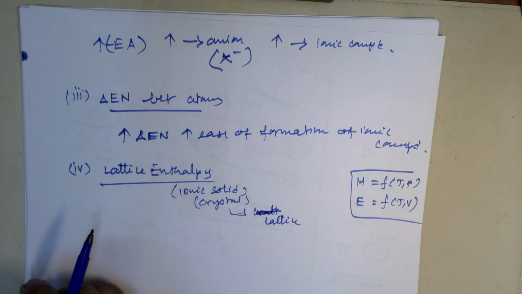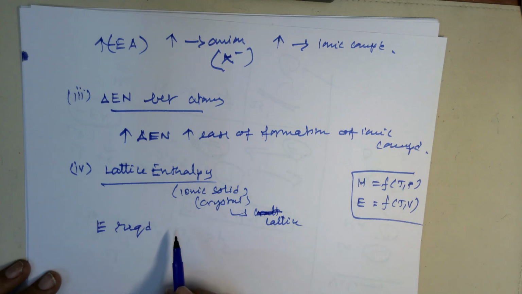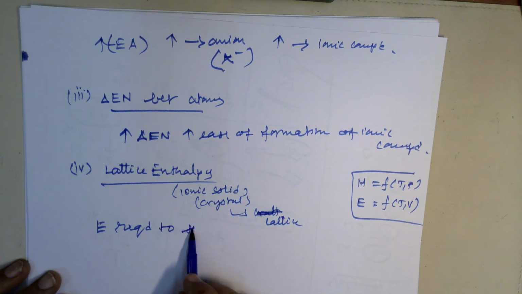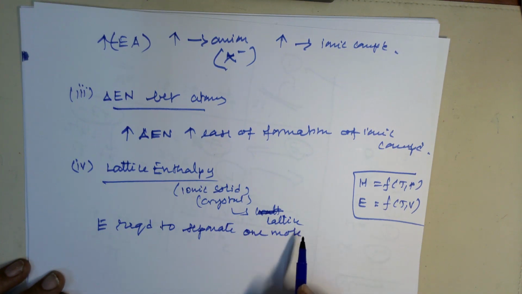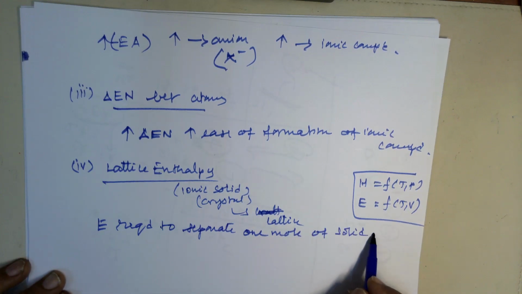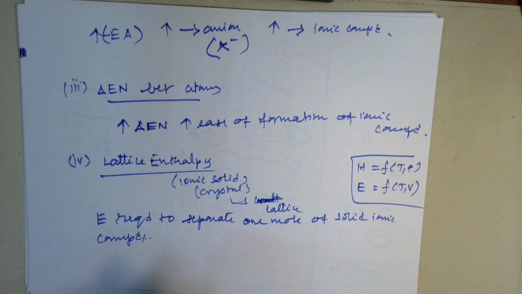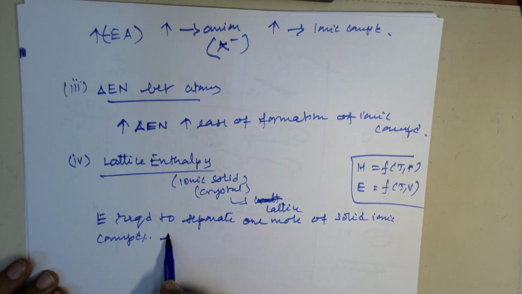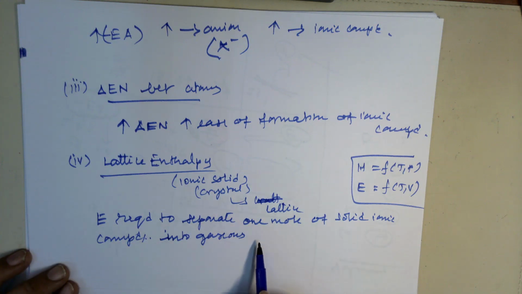It is the amount of energy required to completely separate 1 mole of solid ionic compound into gaseous constituent ions.